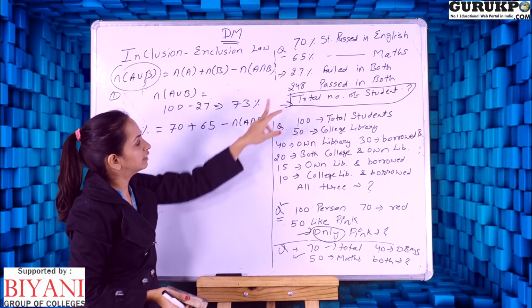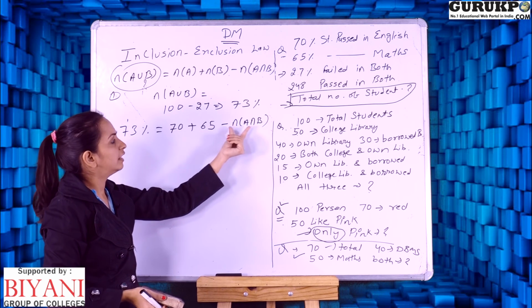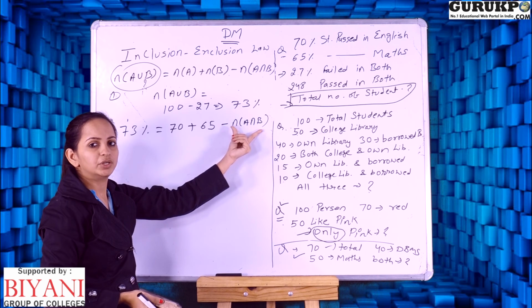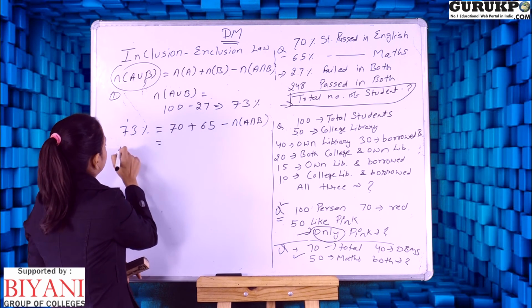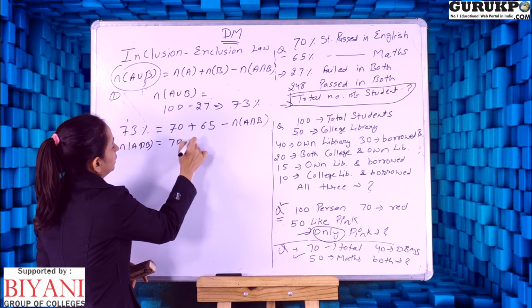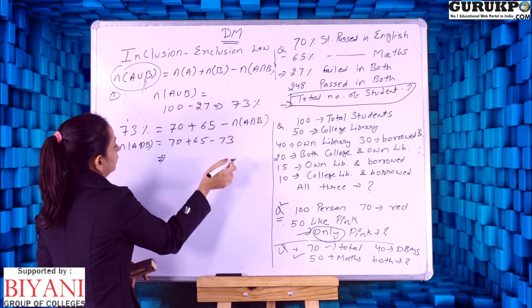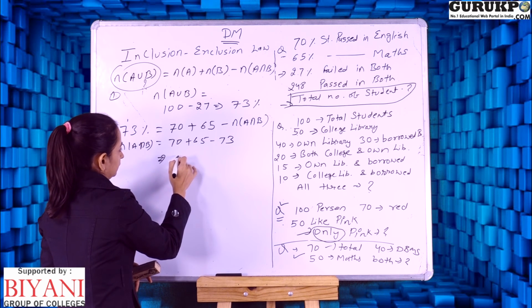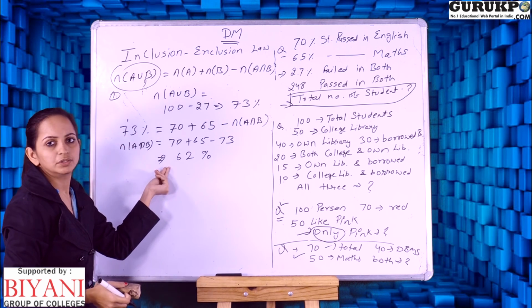I have the number but I don't have the percentage, and I am calculating on the percentage. So I am getting n of A intersection B in the format of percentage. Okay, so what will I get? n of A intersection B is equal to 70 plus 65 minus 73, so there are 62% students who passed in both subjects.